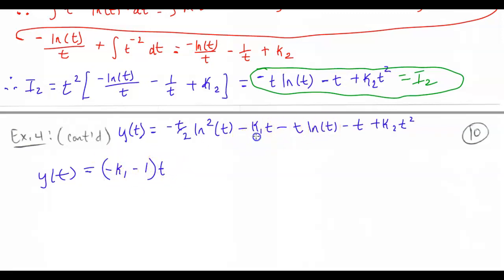So both of these terms have t's in it. And then of course we only have one term that has the t squared. That'll be this term. And then we'll write our two terms that represent our particular solution here.